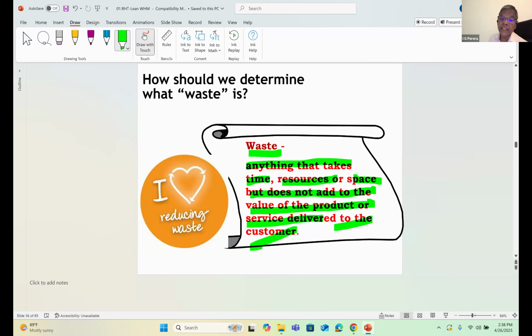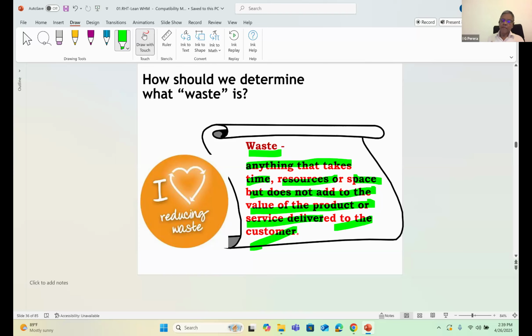Anything that takes time, resources, consumes space, but adds no value for the customer. If we add nothing to the customer but consume time, resources and space, then it is a very big waste. You are consuming resources but not adding any value to the customer or the customer's products. Therefore, it is a waste.